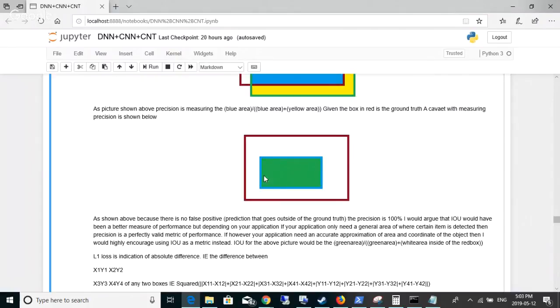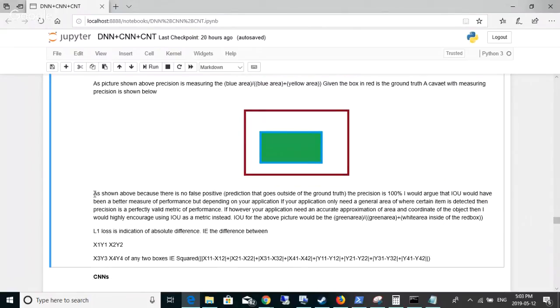If you're really just trying to have an approximation of where an object might be with your bounding box, that is perfectly fine. But if you do need to know about the size, or estimate how close it is, say if you're driving a car, then 100% precision might not be good enough.